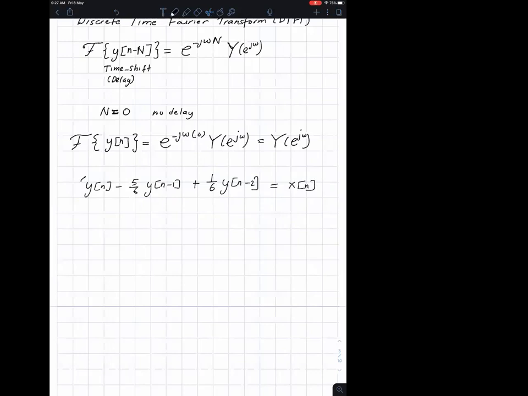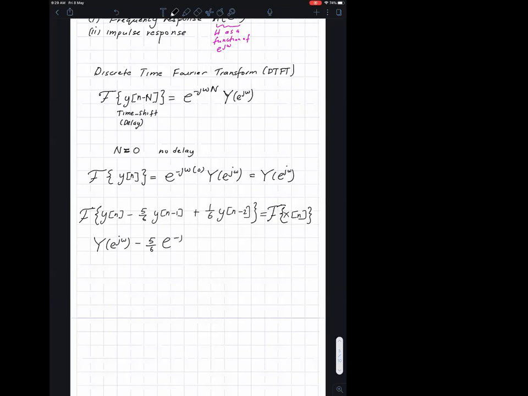Apply the Fourier transform to the entire equation, on the left and right, to the output and input. e to the minus j omega multiplied by, according to the formula we had earlier, remember?